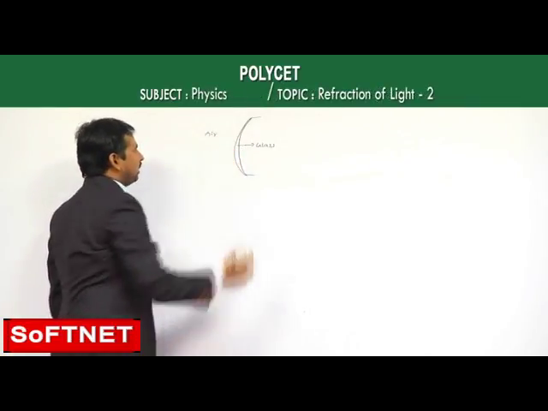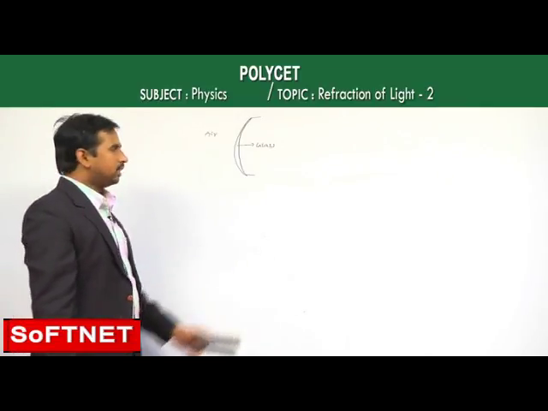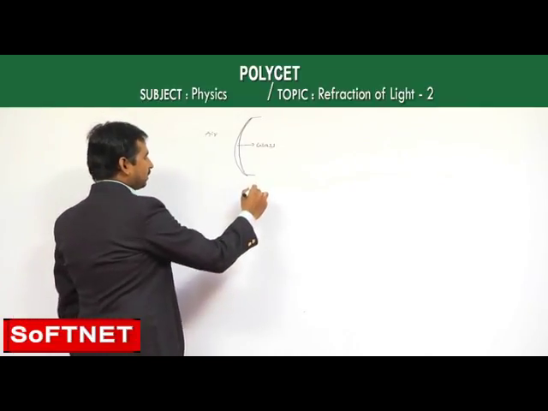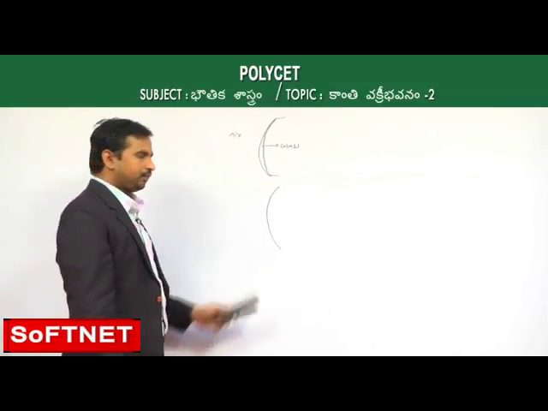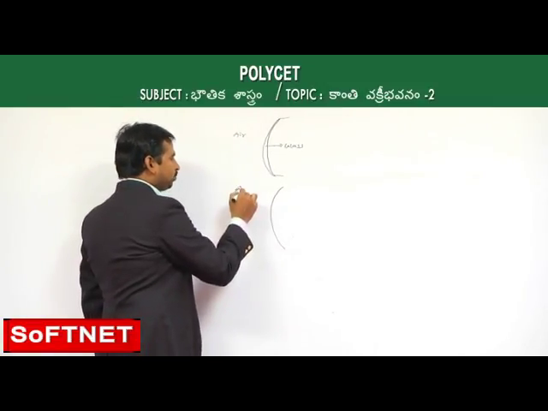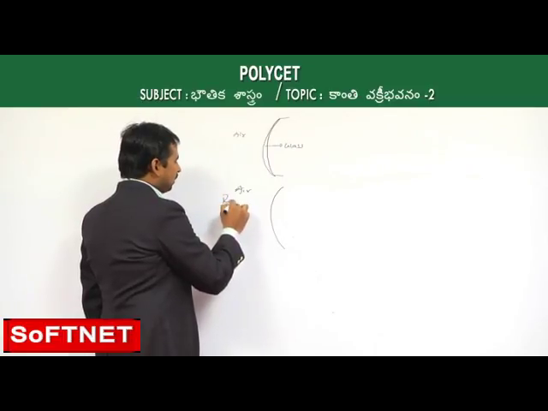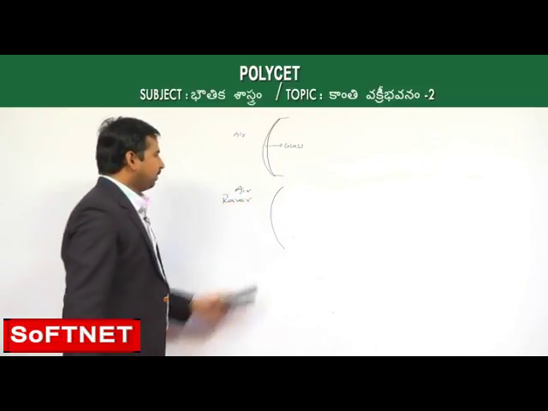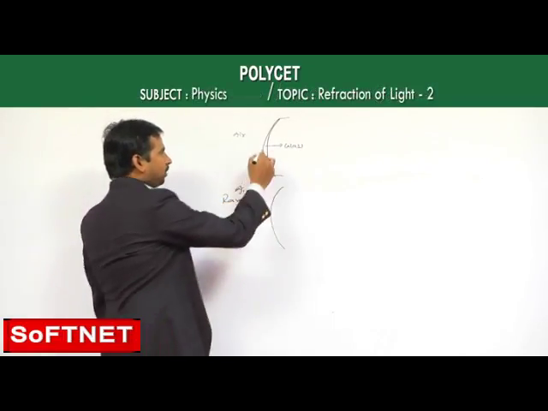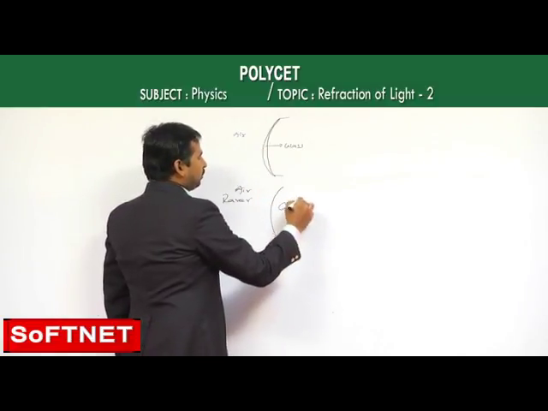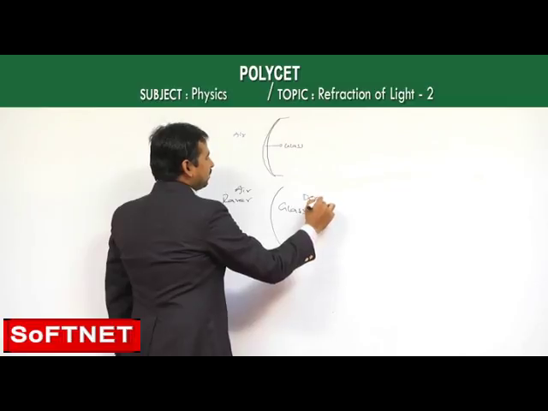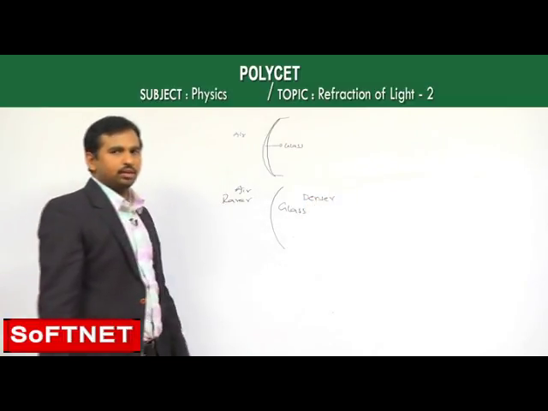This is glass and this is air. Whenever there is a change in the medium, let us say for example, this is the curved path, so to our left side we have air, which is taken as a rarer medium, whereas on the other side, this part, we have glass, which is taken as a denser medium.